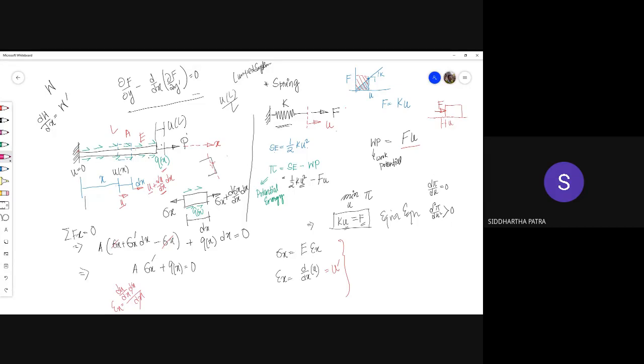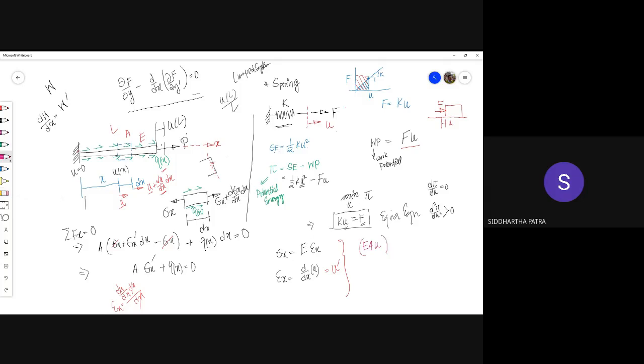So u prime, which would mean that this differential equation becomes EA u double prime. I'm considering that neither the Young's modulus is changing along the bar, which means the bar is made of homogeneous material, and also the cross section is not changing, which means there is no taper on the bar. These two assumptions I'm making. Otherwise, the expression should look a little different.